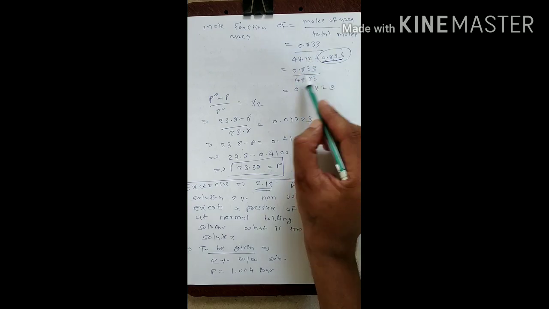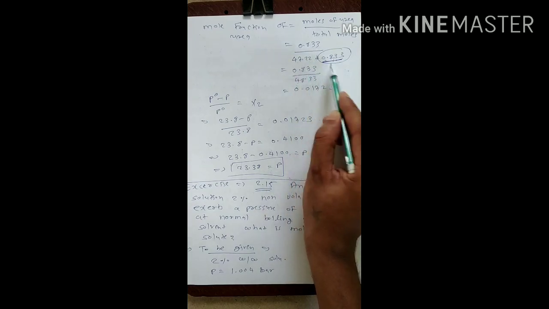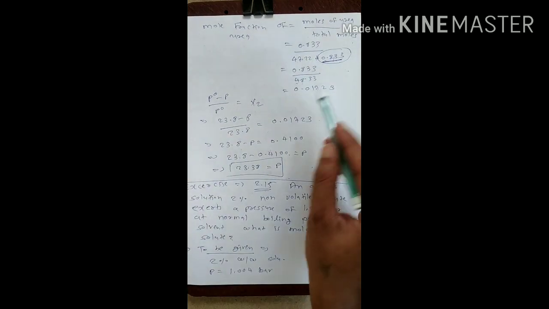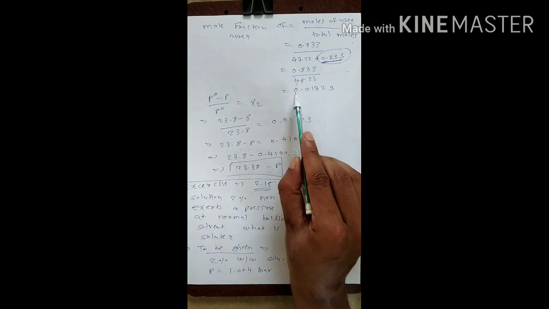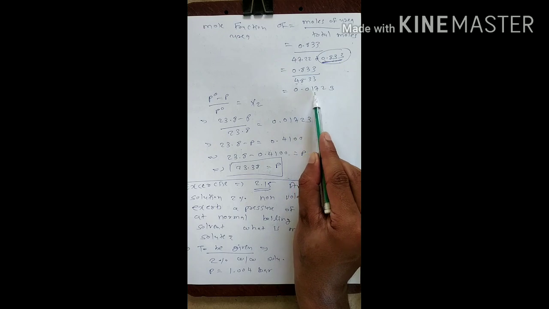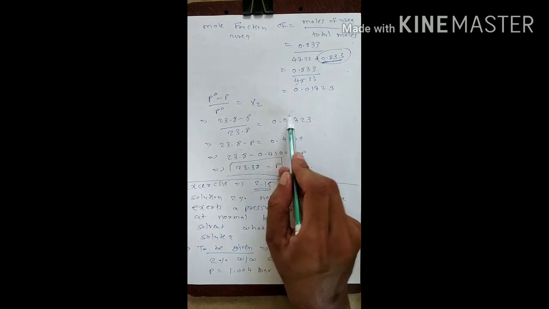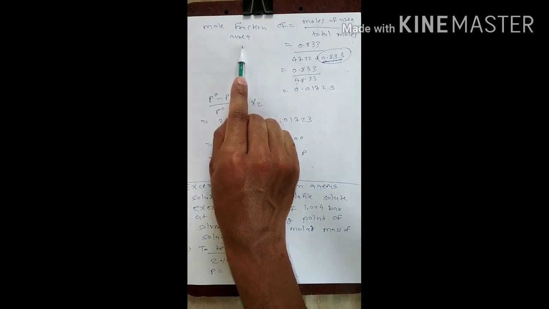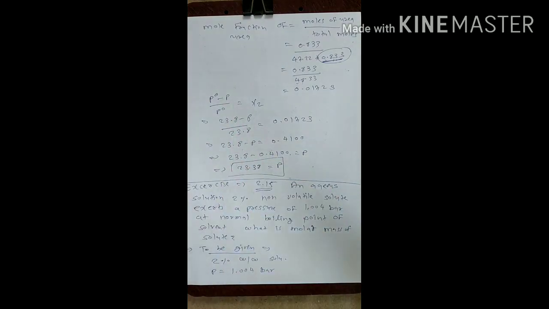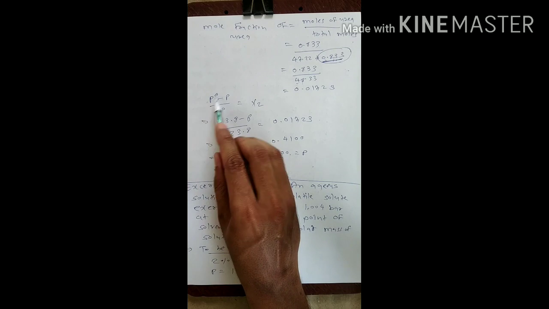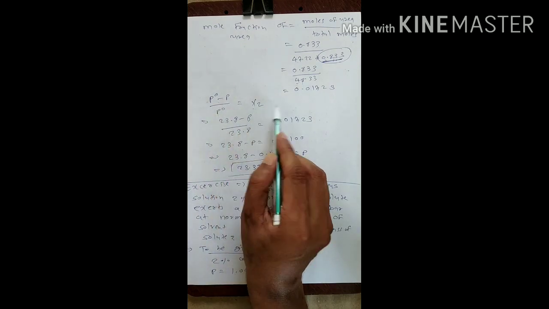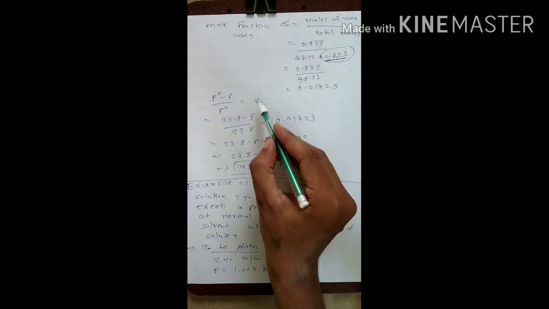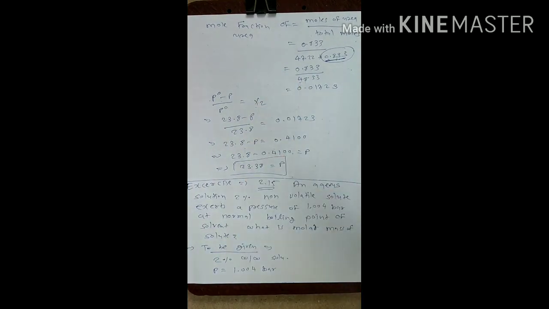So 0.833 divided by this total, 48.33. By dividing these two, you will get 0.01723, that is the mole fraction of urea. Now the formula for Raoult's law was like this: P0 minus P divided by P0 is equal to X2, that is the mole fraction of urea.